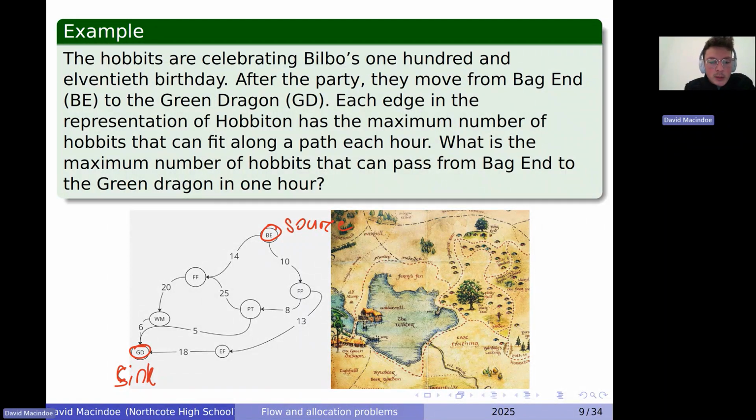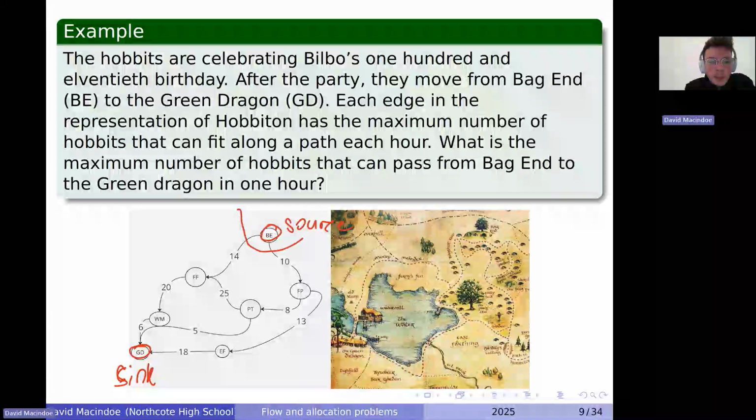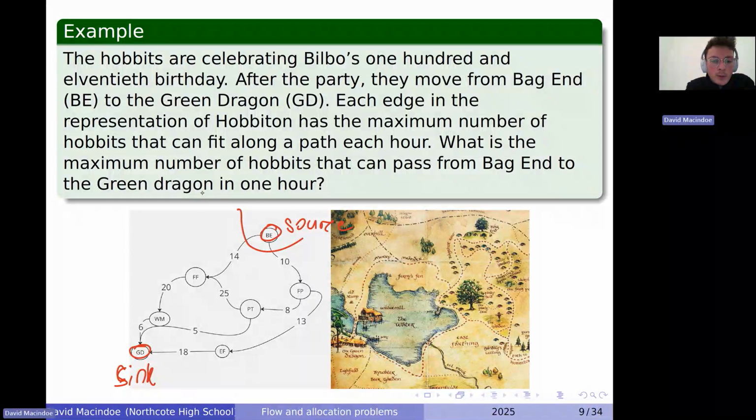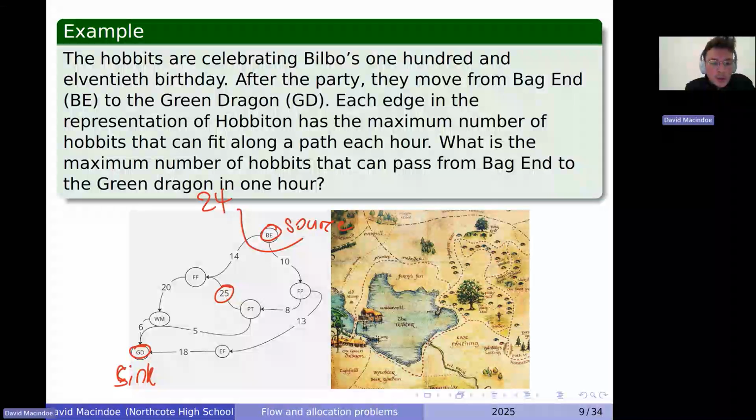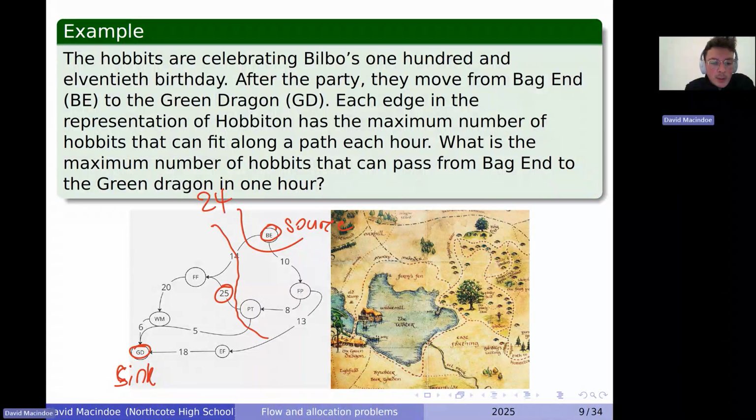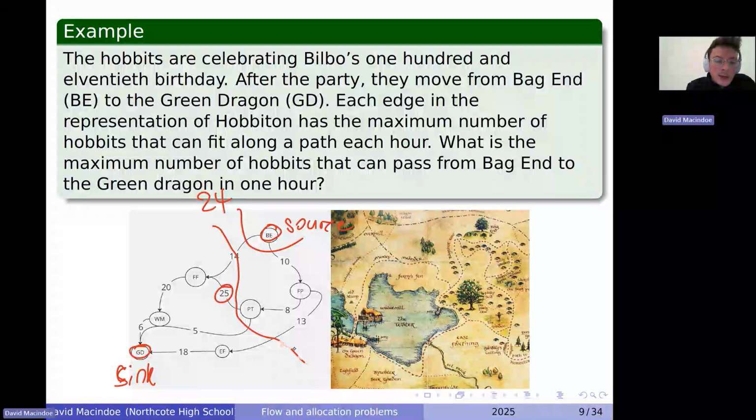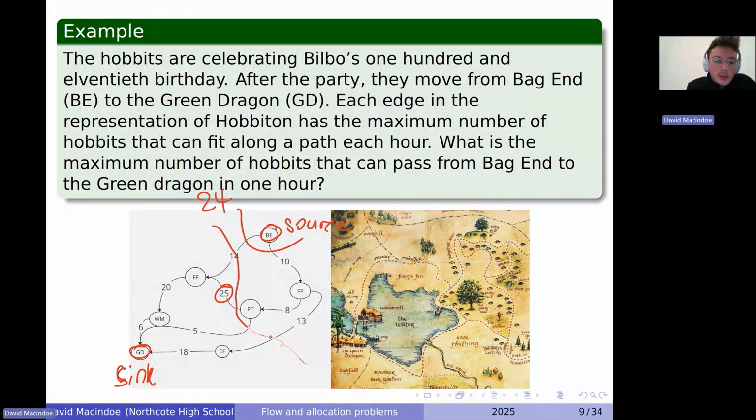If we just look here, out of Bag End, it's overall 24, that cut separating the source and the sink. So if we look here, anything separating this, say this, right? There's no way that's going to be less than 24 because it's got an edge in it that's 25. So we can immediately go, well, I'm not going to bother counting up how much that cut is because it's definitely going to be more than 24.